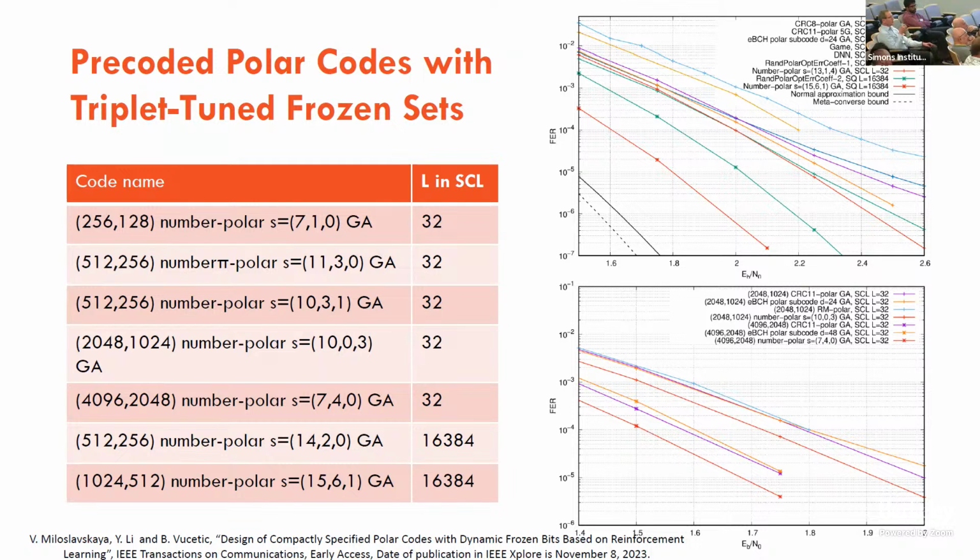I understand that most likely your question was about adaptive list size, where we gradually increase the list size starting from lower to higher.